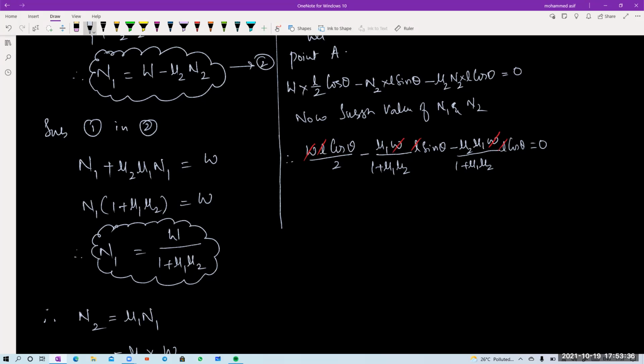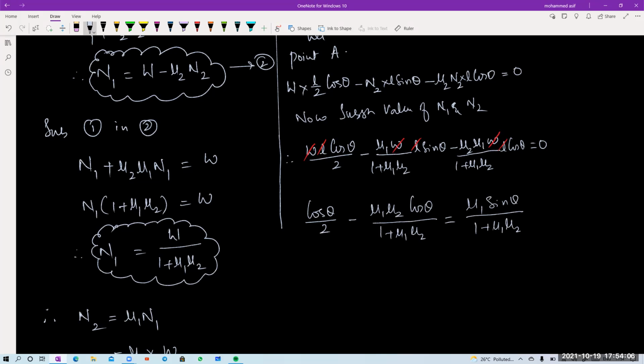Okay, so now you can just do this calculation. That's it. So it is cos theta divided by 2. And this one is nothing but minus of cos theta. I can take common right now. So this is minus mu1 into mu2 into cos theta divided by 1 plus mu1 into mu2 is equal to mu1 into sine theta divided by 1 plus mu1 into mu2.